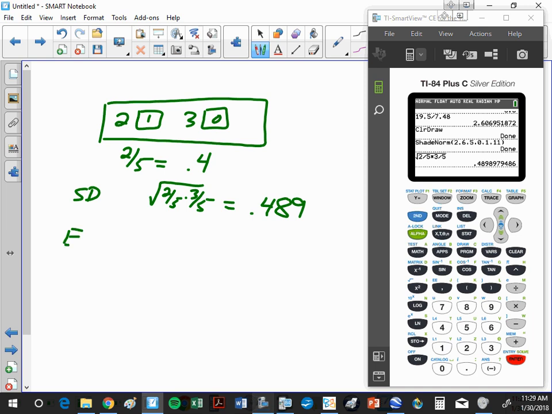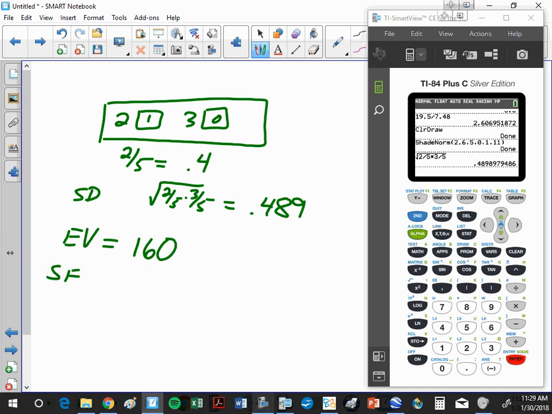As long as you show your work, it's fine. So the expected value in 400 draws, listen up, you guys. The expected value is going to be 0.4 times 400, which is 160. Okay.